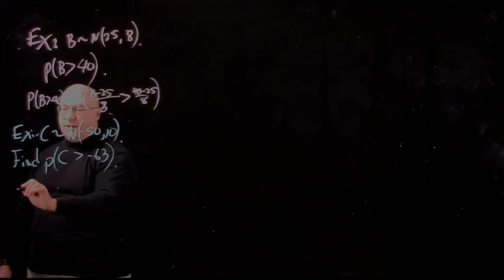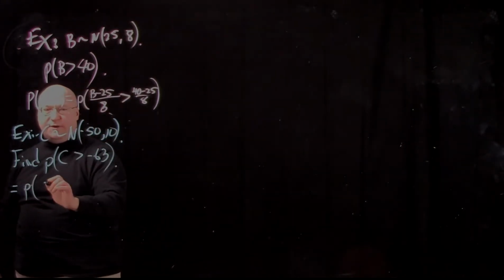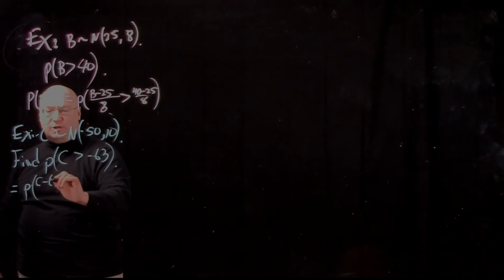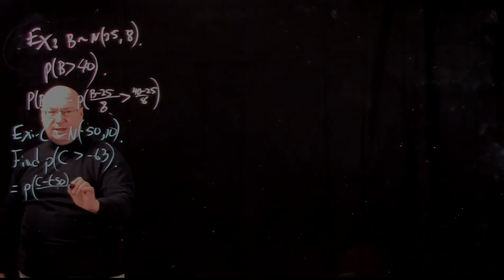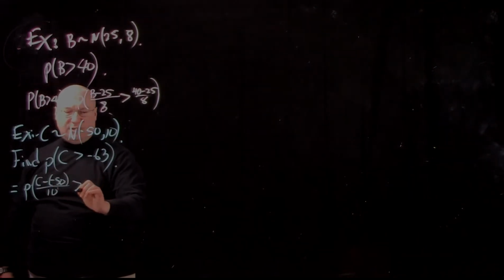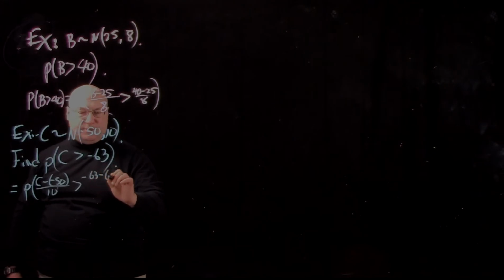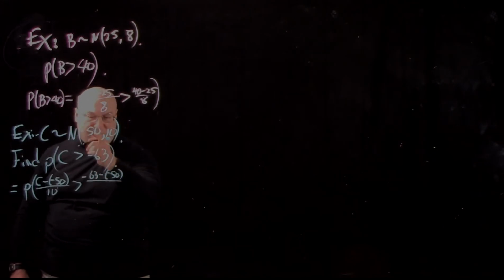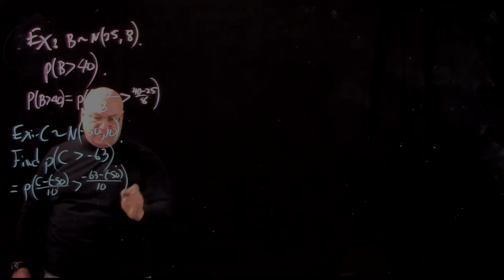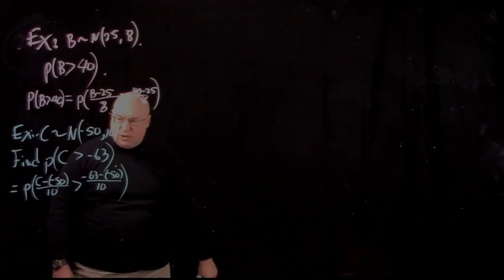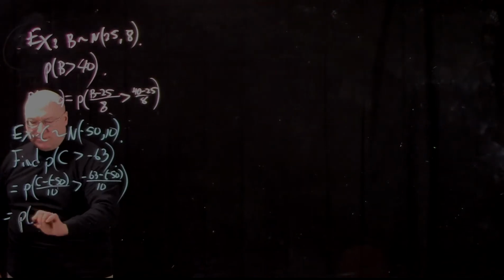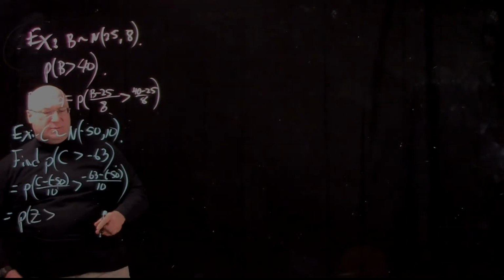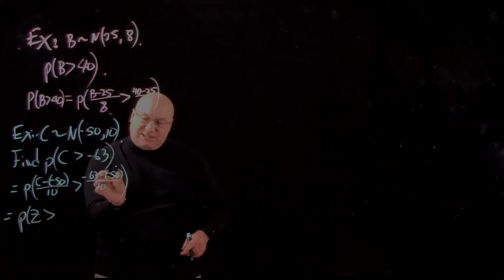Well, that should be the probability of, subtract the mean and divide by the standard deviation. So I have to subtract a negative 50, which of course is adding a positive 50, but it's still subtracting the mean, subtracting the negative 50 and dividing by the standard deviation. This magically becomes Z, and this becomes negative 63 plus 50, right?